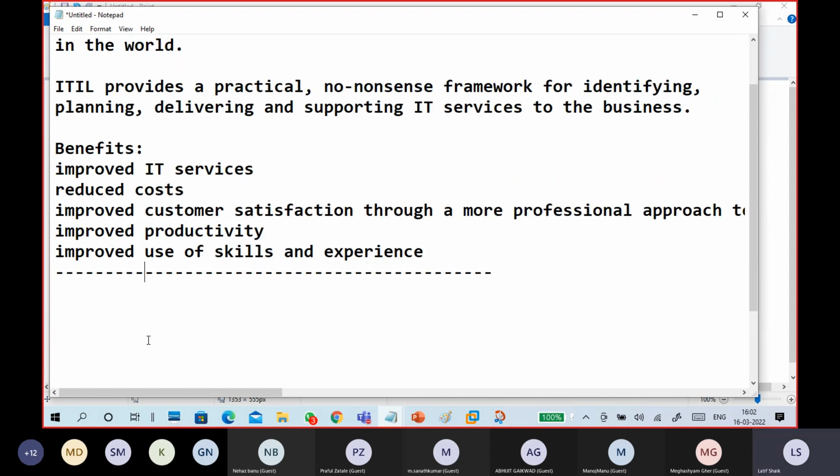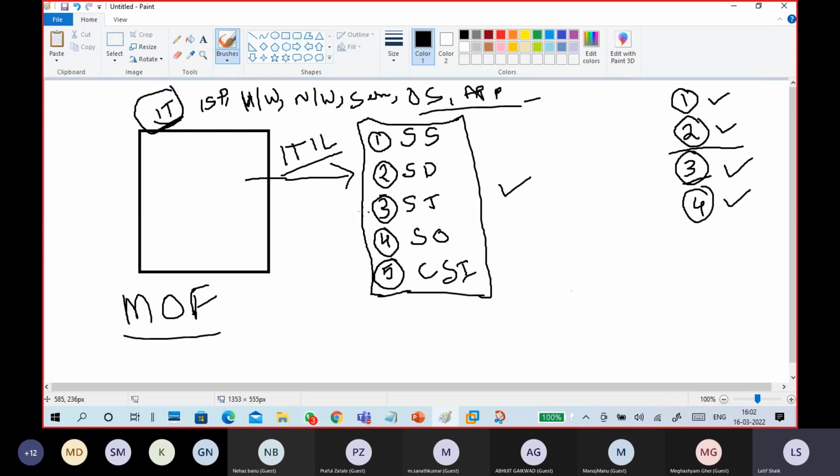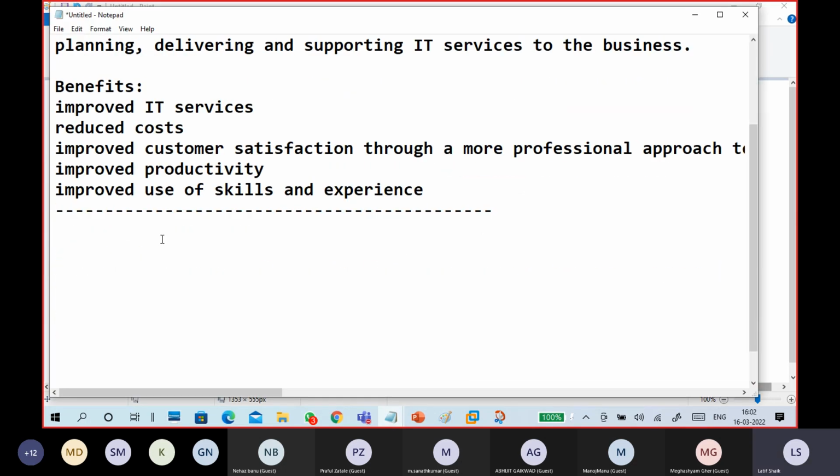Again, a small explanation after this one. Identifying. So here, ITIL is telling three important things, like identify.